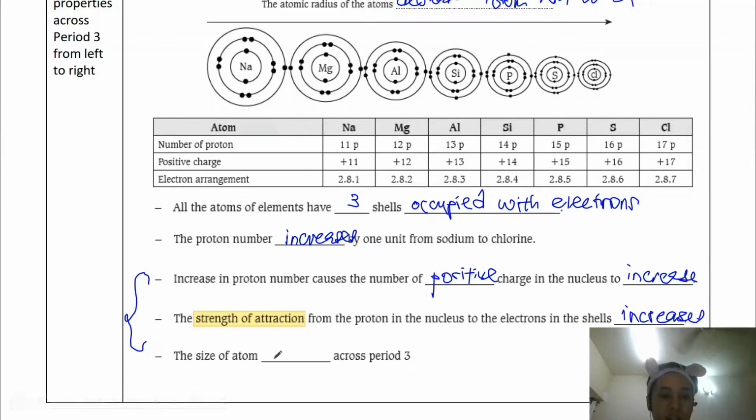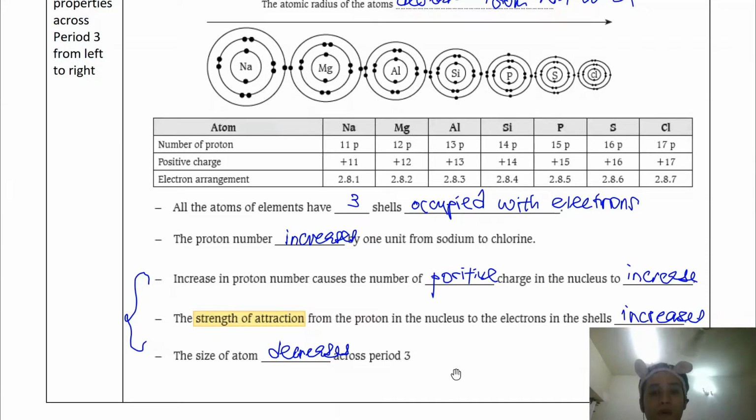Hence the size will decrease across Period 3. So this is the explanation if we ask you why the size of Period 3 decreases from sodium to chlorine. These are the important points you must remember.